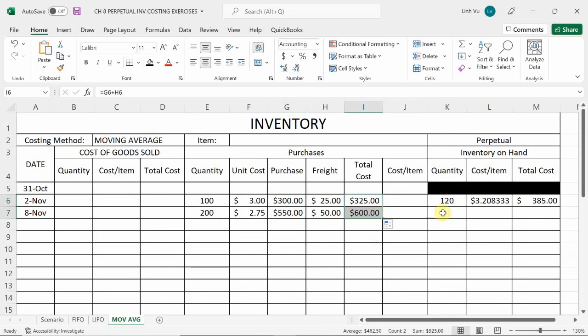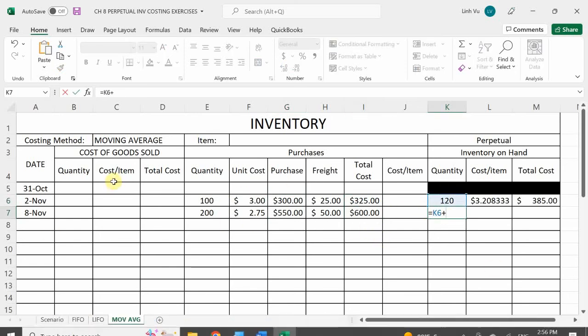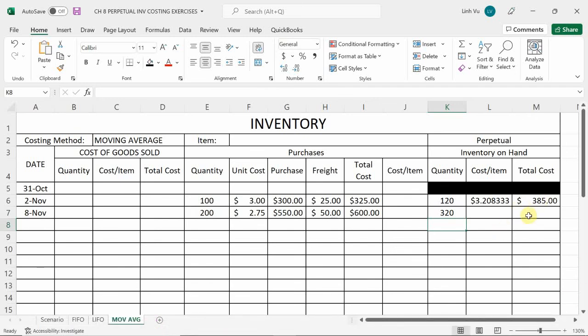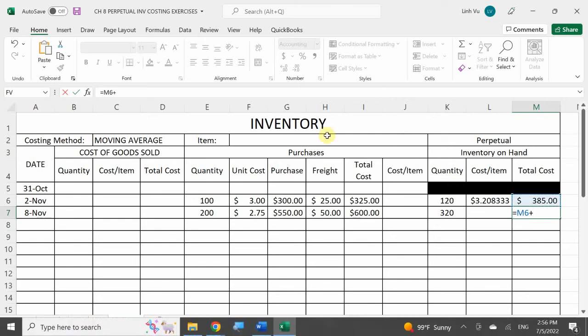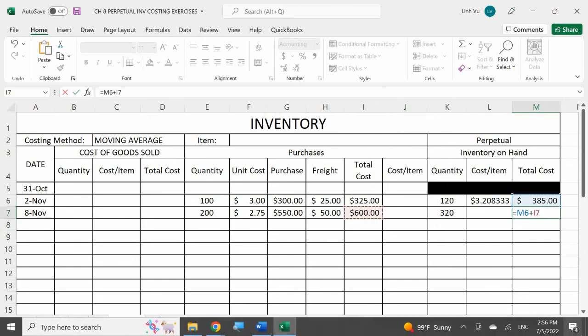So in this case, let's add up our numbers together. What is 120 plus 200? 320. Okay. What is 385 plus 600? 985. We get a total of 985.